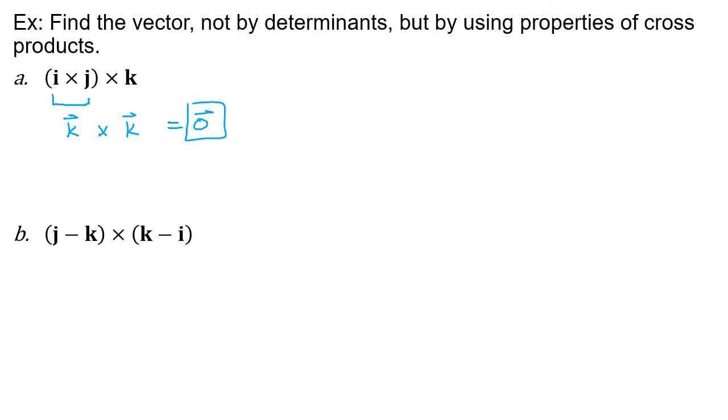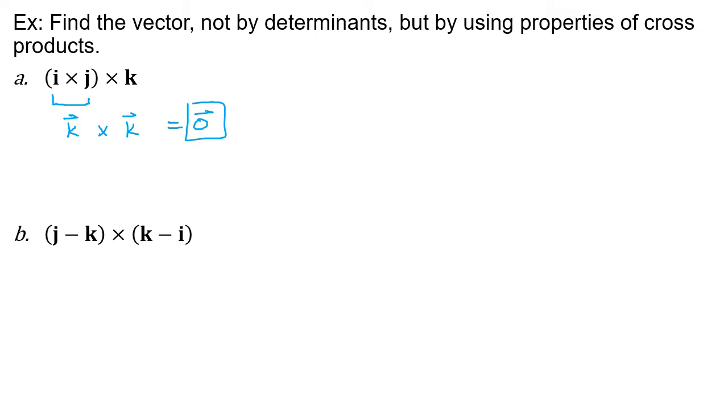Okay, so if I did j minus k and cross that with k minus i, what would that turn out to be? Well, if you're crossing two vectors that are subtracted, I can rewrite that.